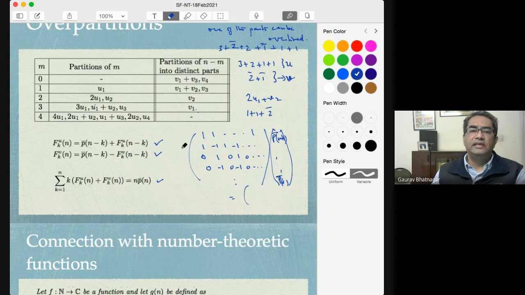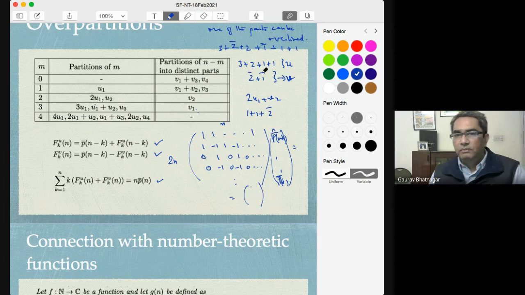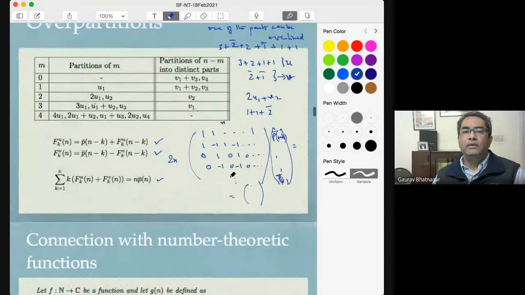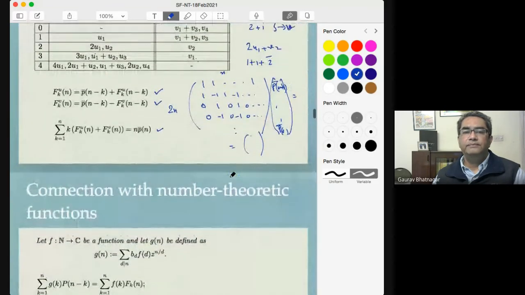So this will be a 2n by n matrix. So you will get frequencies for both the parts. You can add up a frequency function both for u's and for v's. So in particular, this shows that any type of partition functions that you have, you can use this matrix to get more insights into it.